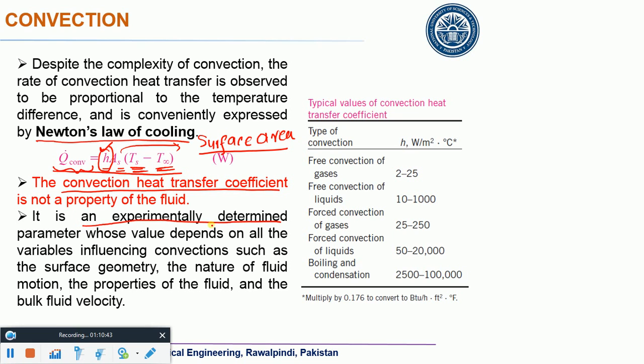You can't determine it through any fundamental principle. I have already told you what the fundamental principle is, whose value depends on all variables influencing convection, such as the surface geometry, the nature of fluid motion, the properties of the fluid, and the bulk fluid velocity.